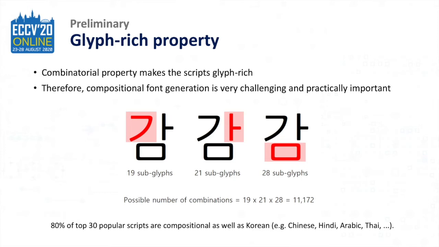For example, the Korean script has more than 10,000 letters as shown in the figure. So this task becomes very challenging and practically important. In this work, we applied our method to Korean and Thai only, but there are many other compositional scripts like Chinese, Hindi, Arabic, and so on.